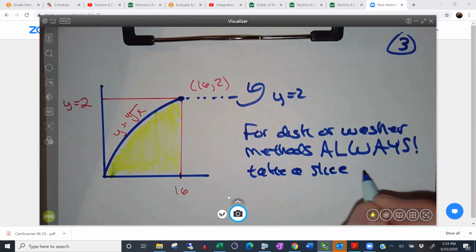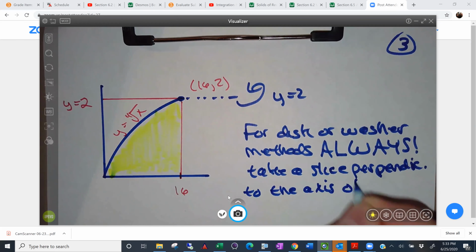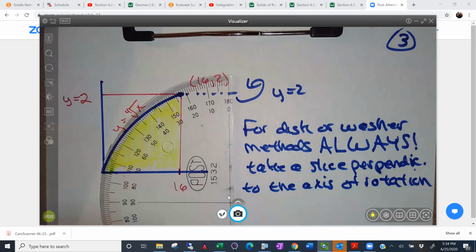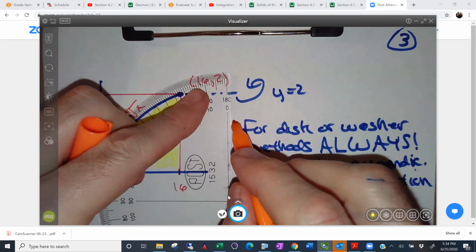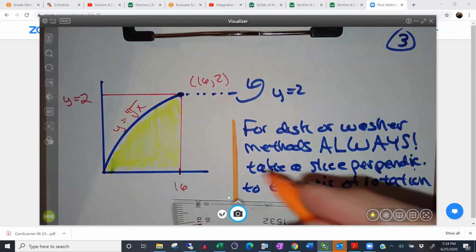A little upside down T. I'll just write it out. Yeah, I ran out of room. So if you're going to do a disk or washer method problem, you always have to set it up like this. It's not an if you want to. If you take a slice perpendicular to your axis of rotation, you're setting up either a disk or washer method.